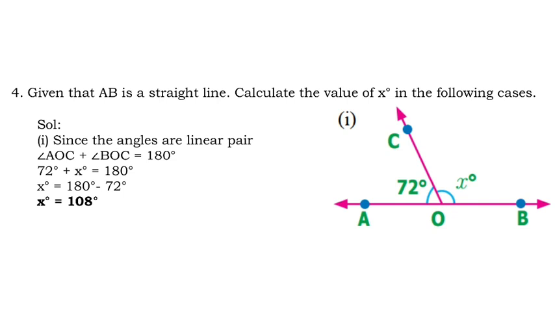So x degrees is equal to 180 degrees minus 72 degrees, which is equal to 108 degrees. So the value of x is 108 degrees.